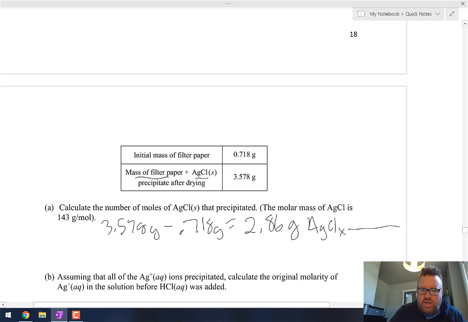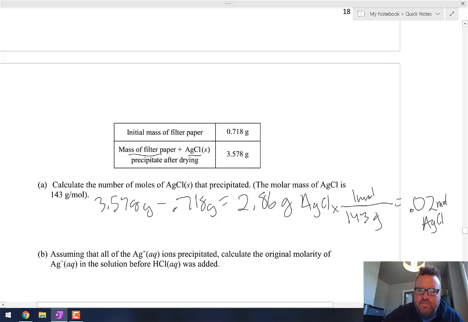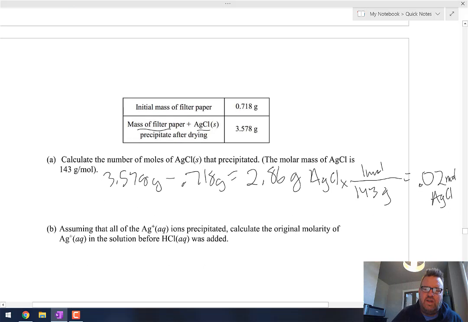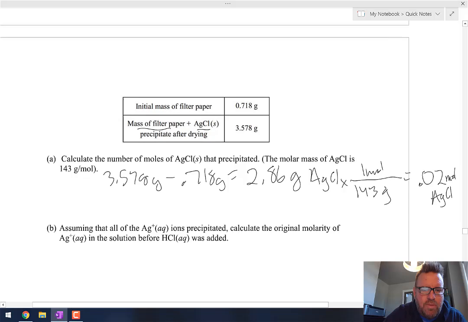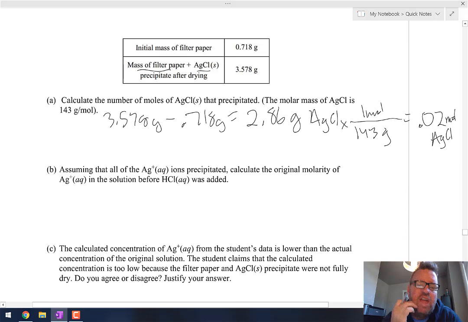And then using 143 grams per mole, 2.86 divided by 143 equals 0.02 moles of AgCl. Okay, so that's how many moles of AgCl we have. Now, part B, assuming that all of the Ag plus ions precipitated, so that means all of the Ag that's here had to have come from the AgNO3.